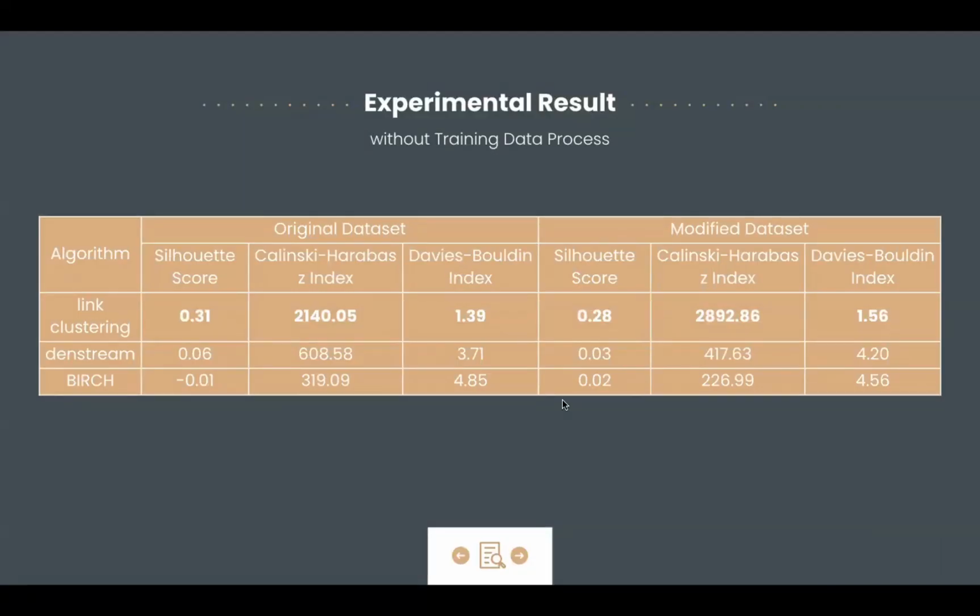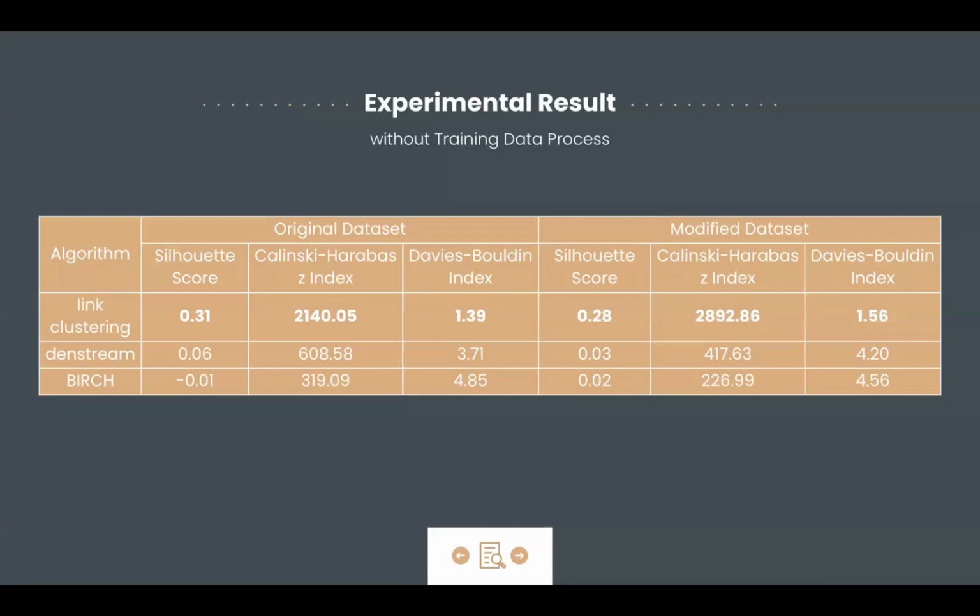For the experimental results, this is the table of stream clustering algorithm results for the original and modified datasets without training data processing. The results show that Link clustering outperformed in all three metrics, in both the original and modified dataset testing.